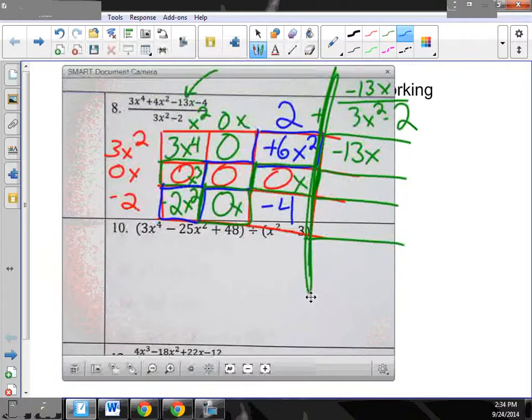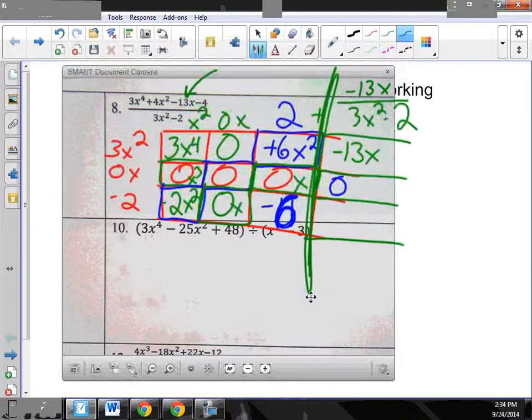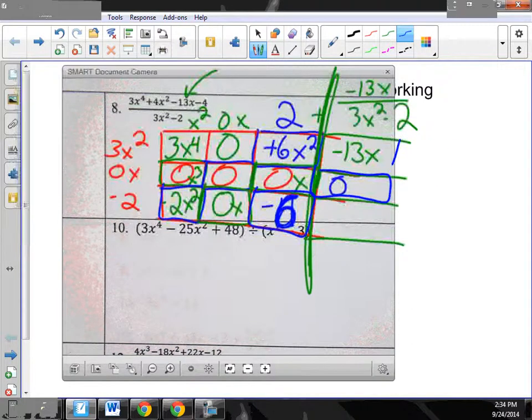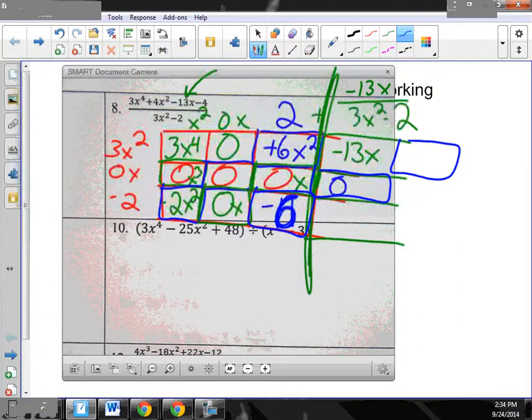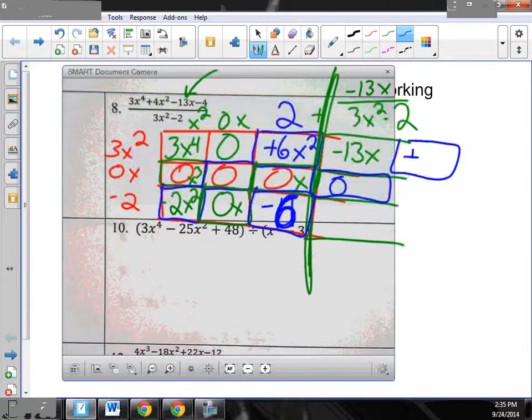Let's say that when I multiplied this out, I got a negative 6 instead of a 4. Okay, and we know this is 0 because the whole row is 0. So is my negative 6 good enough? No. What do I need in this diagonal? I need a negative 4 and I have a negative 6, so it would be plus 2.